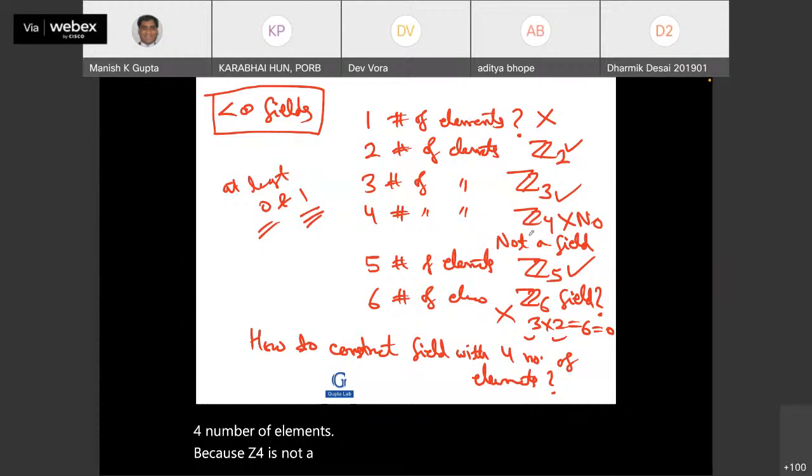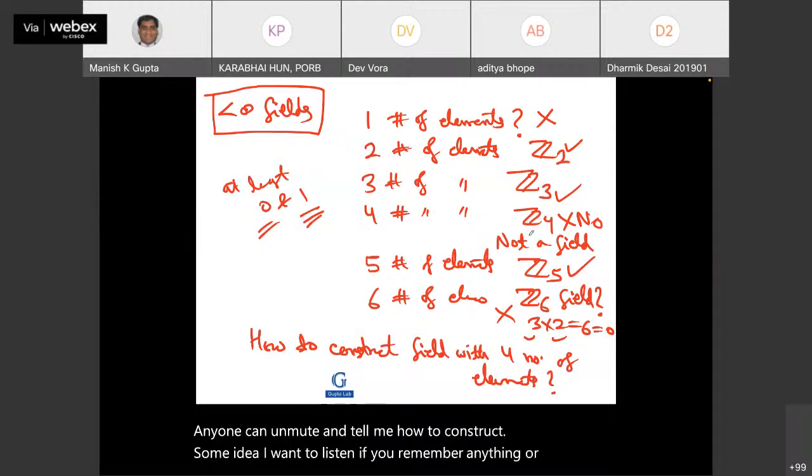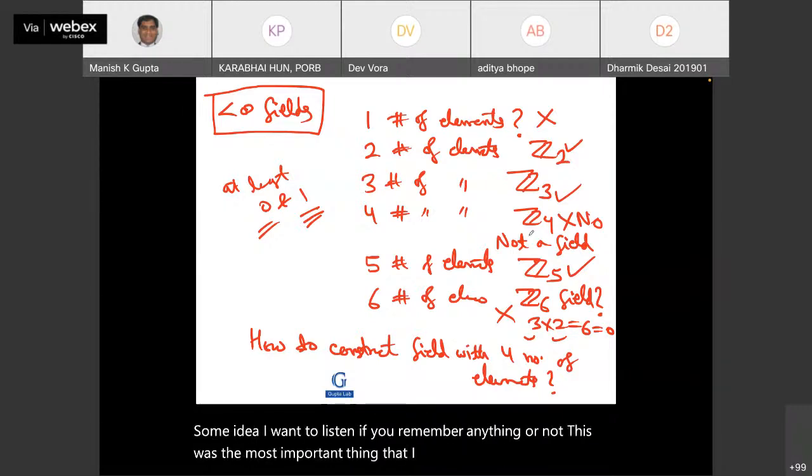Yes, so now again I am just trying to see if you remember anything. Anyone can unmute and tell me how to construct. Some idea, I want to listen if you remember anything or not. This was the most important thing that I taught to you. Yes, anyone.